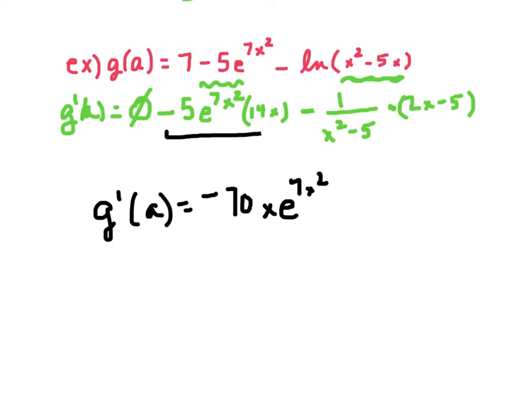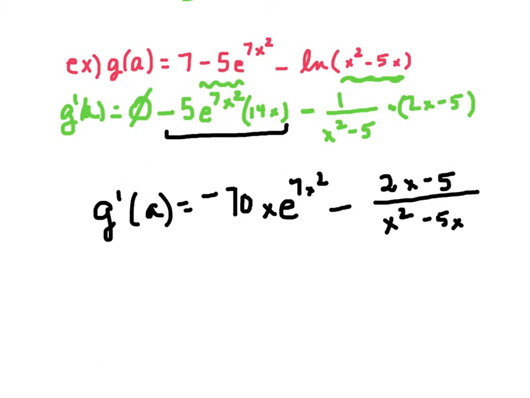They just took all of this, they multiplied 14, right, times 5 to get their 70 e to the 7x squared. And then over in the next part, probably you would see it as 2x minus 5 over x squared minus 5x.